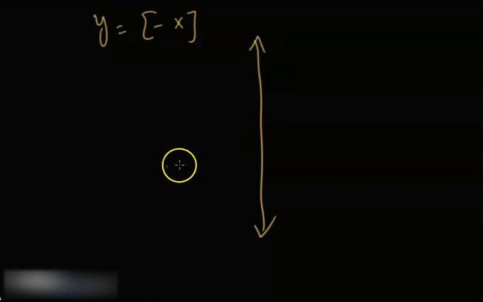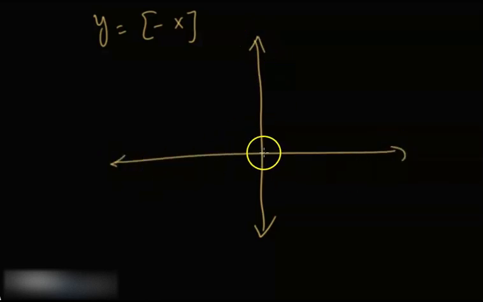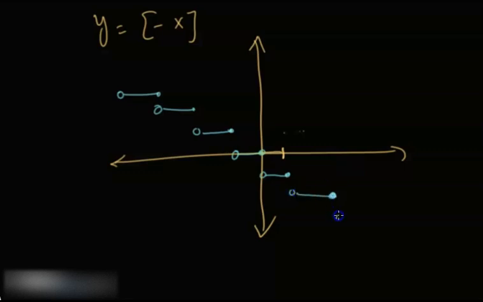The page of the parent function that is here will be reflected along the y-axis, and it will be coming like this. And the page of the parent function which is here will be coming here. Similarly, you can continue the pattern. So that's how this function looks like.